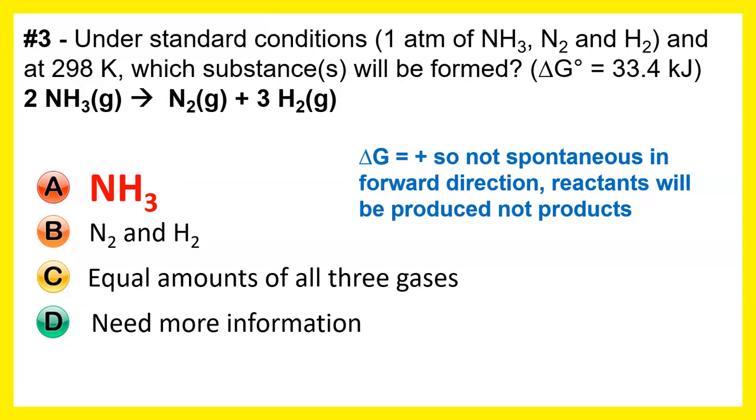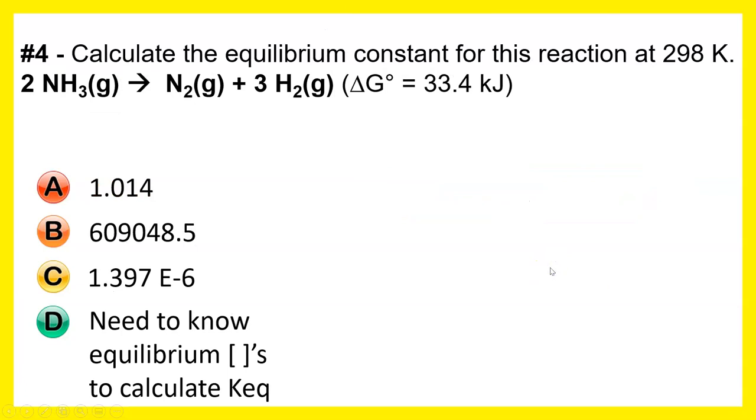All right, let's take the same equation. And this time, I would like you to determine what the equilibrium constant is at 298 based on that delta G value. So think about an equation you learned that connects delta G naught to equilibrium constant.